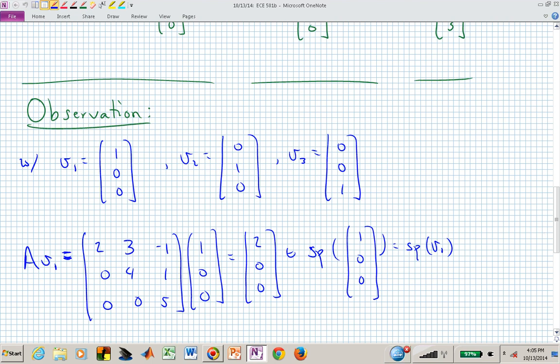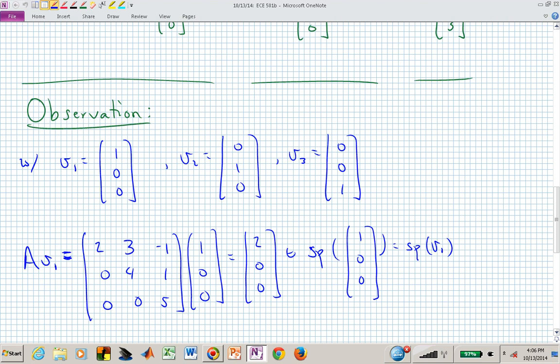If we apply that mapping A to V sub 1, then really what V1 is saying is just pull off the first column in A. Doing that says, oh, we have 2, 0, 0.